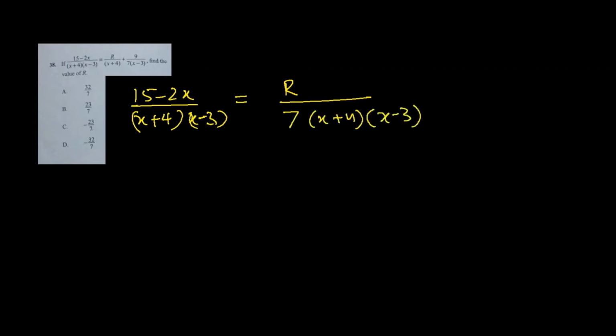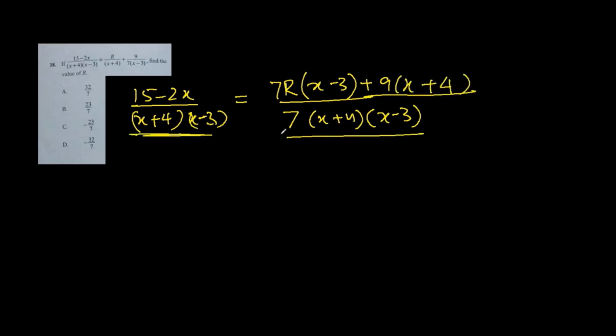Left side first: 15 minus 2x equals, on the right side, r, and the LCM of this part will be (7x minus 3)(x plus 4). So r is multiplied with x plus 4, and 9 will multiply with just 7x minus 3.